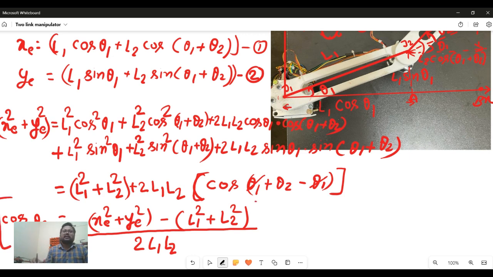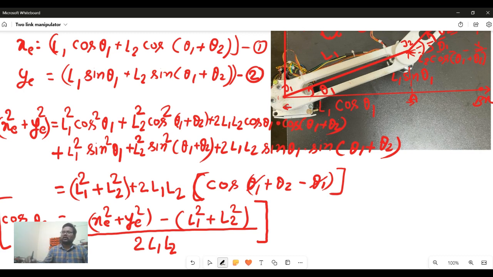So for given xe and ye, you can find theta 2, but still we have to find theta 1. In this expression, everything is constant except xe and ye, because L1 and L2 are constant. This is link length L1. This will depend on the robot link length.